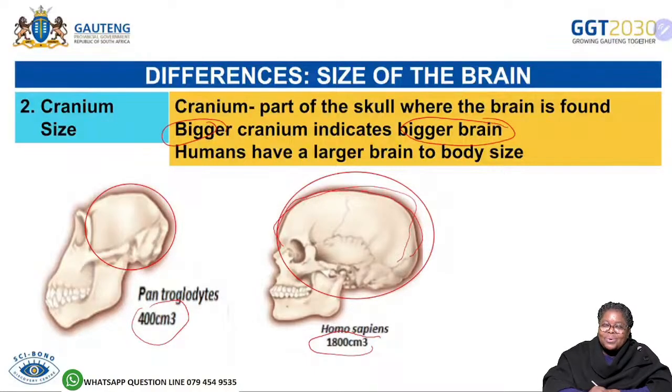Look at your head now. You've got a bigger brain as compared to those animals. So the bigger cranium indicates the bigger brain. Now the bigger brain tells that you are most intelligent compared to those other primates. So humans have a larger brain to body size, right?